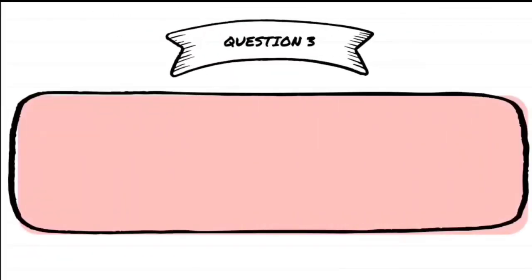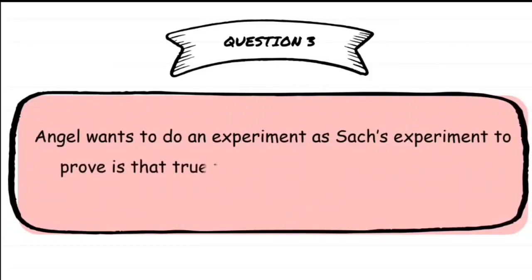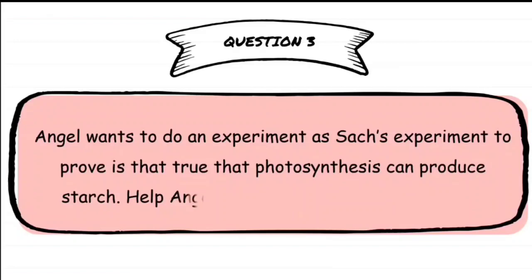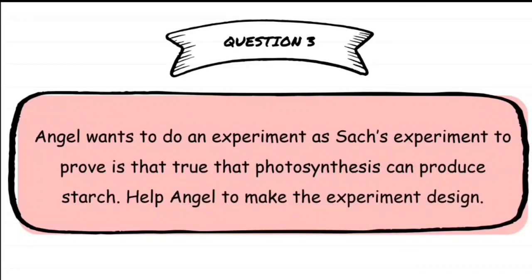Question 3. Angel wants to do an experiment of Sachs's experiment to prove that photosynthesis can produce starch. Help Angel to make the experiment design. I want to remind you again about experimental design.